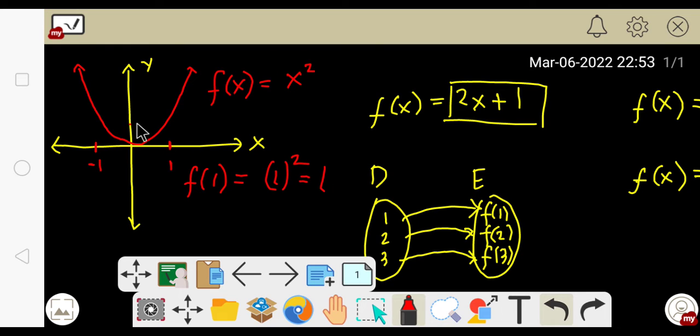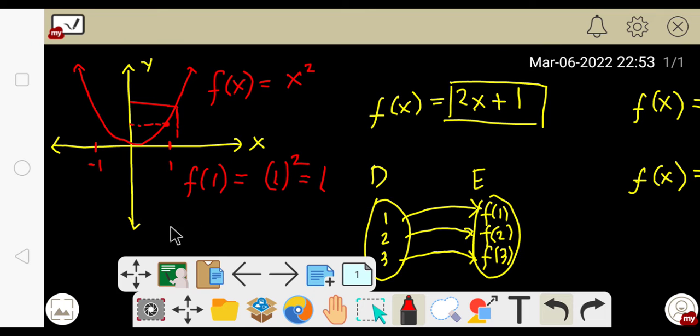That means it is defined at this point right here. So our range is 1 whenever our x, or our domain, is 1. Actually, there are many elements in the domain.